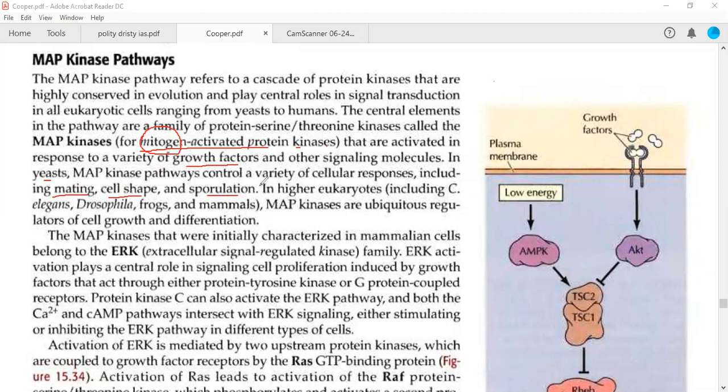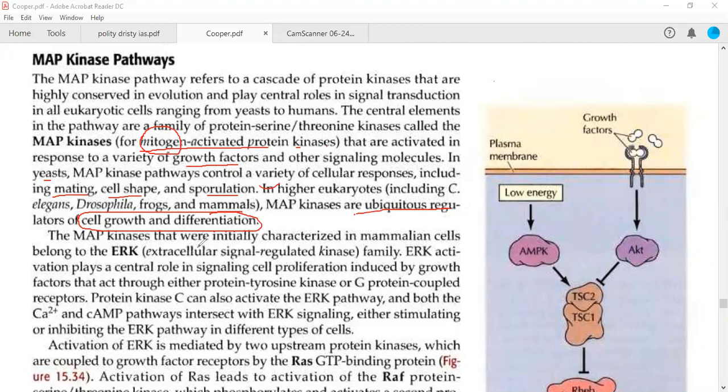In higher eukaryotes, including humans or mammals, they are ubiquitous regulators of cell growth and differentiation. So whenever there is growth in a cell, or the cell wants to differentiate into some specific kind of cell, you will find these MAP kinase pathway proteins there. They are doing signaling in some form actually.